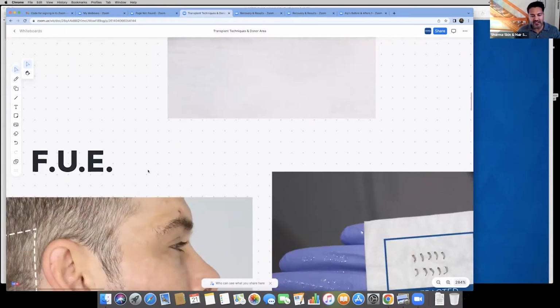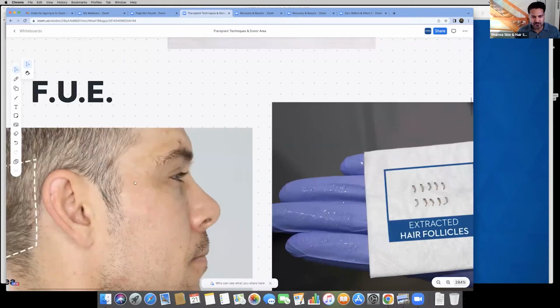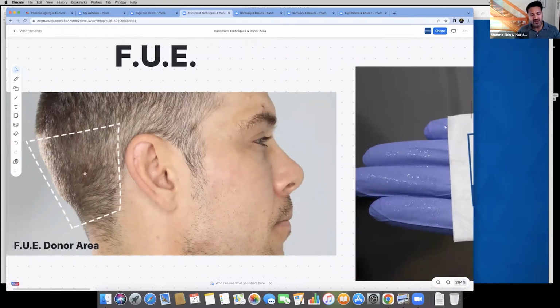Now, let's talk about the FUE technique. For the FUE technique, we are going to measure a very distinct safe donor area. And then we're going to evenly harvest the grafts under local anesthesia. As you can see here, the scalp is thinned out.